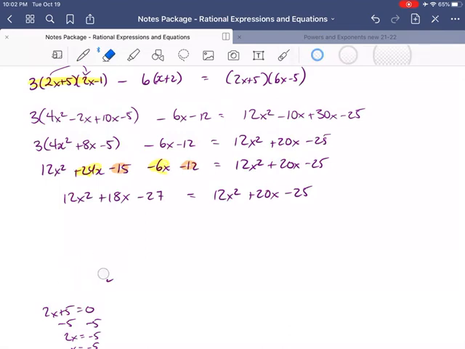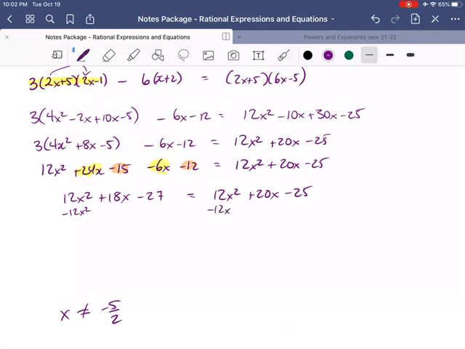I'm just going to move this x cannot equal negative 5 over 2. All right, so subtract 12x squared. See you later.